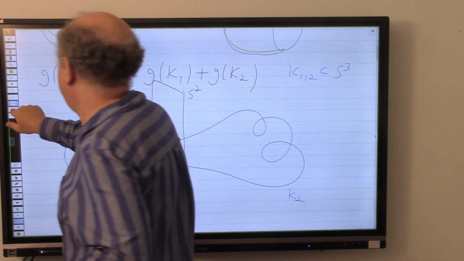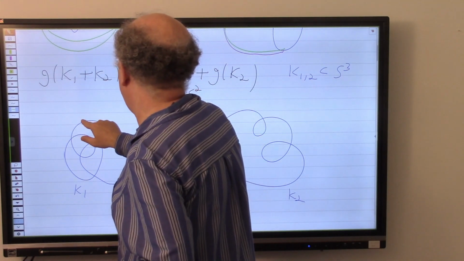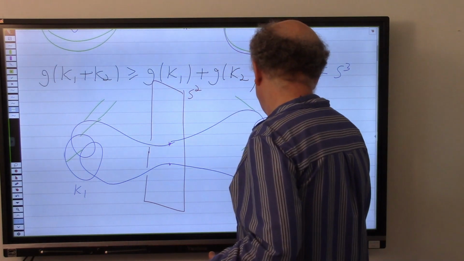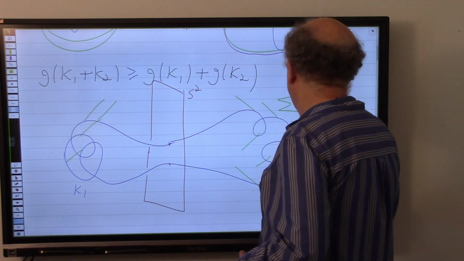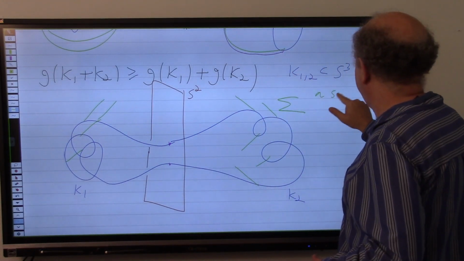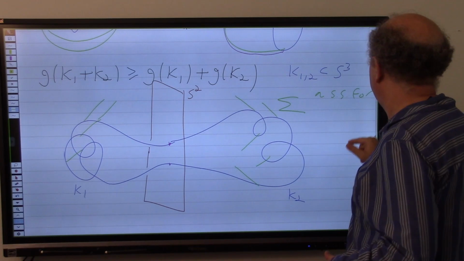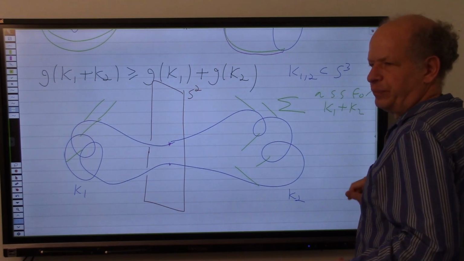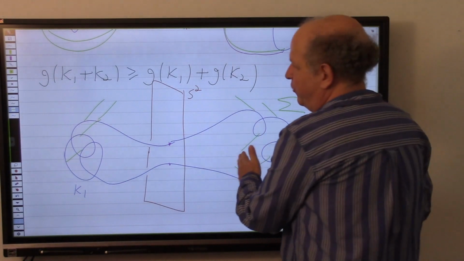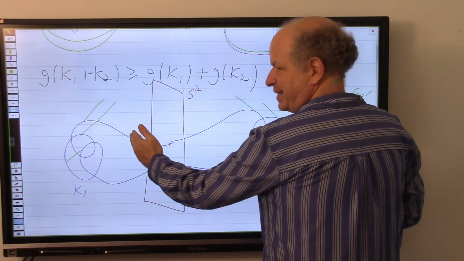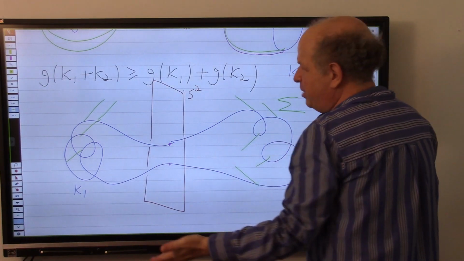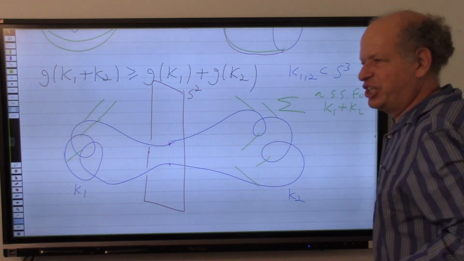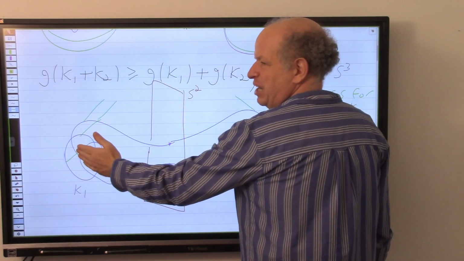So now I have my surface, and let's call it sigma. So sigma is a Seifert surface for K1 plus K2. The Seifert surface intersects the plane; let me just call the plane S2.